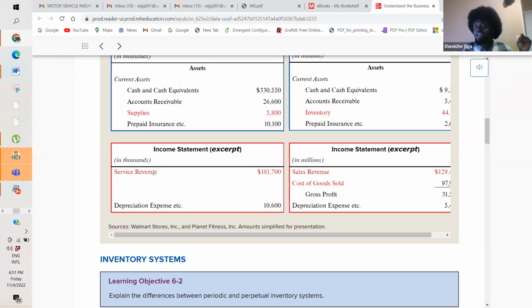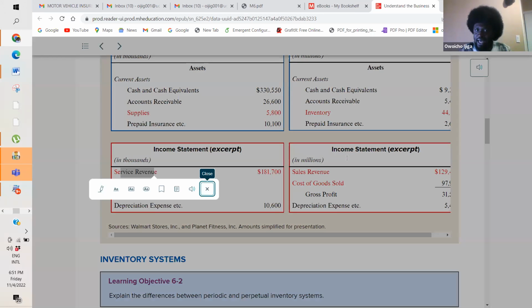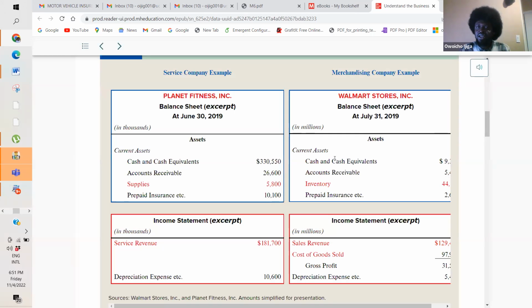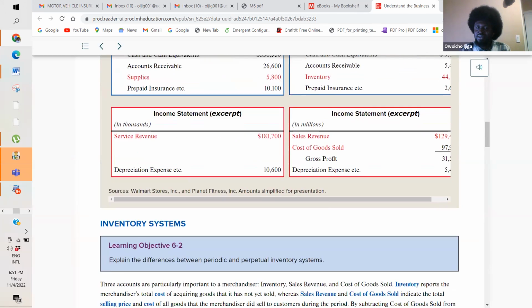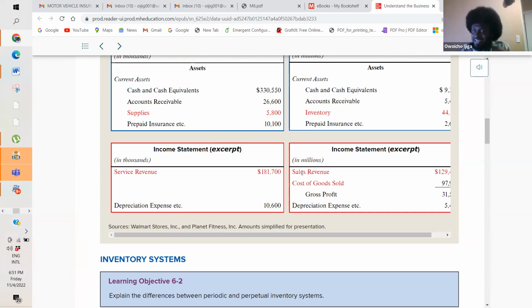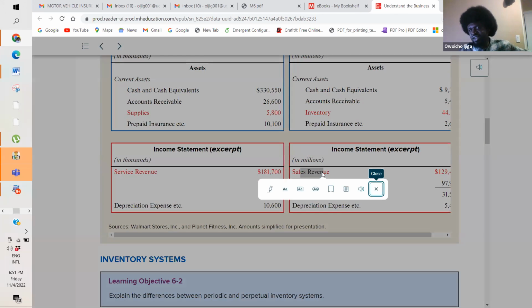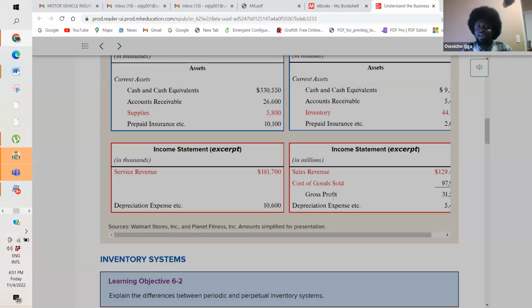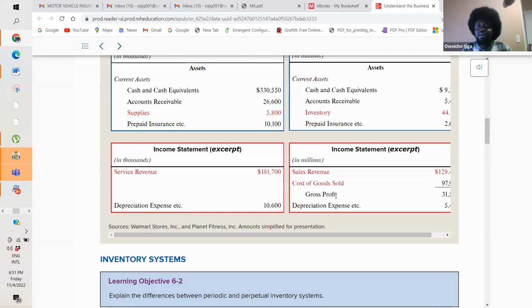So it is reported as service revenue. However, merchandising companies like Walmart record theirs as sales revenue because they sell you their inventories, and the money that they make from that is the sale.